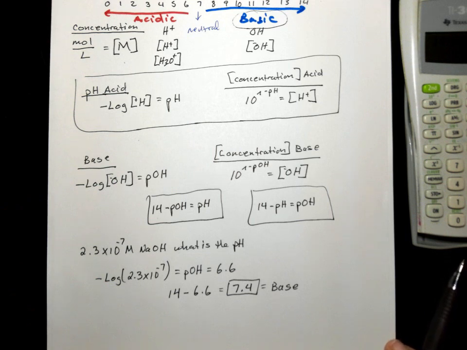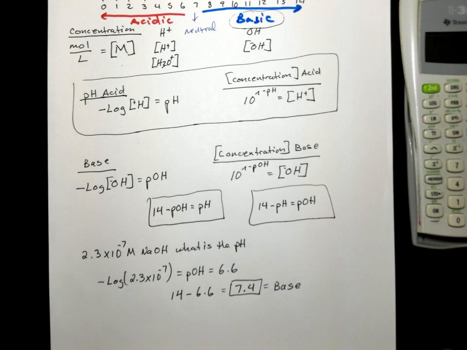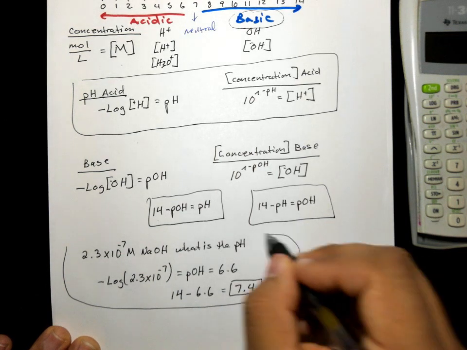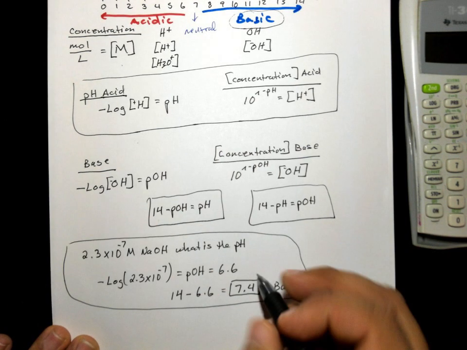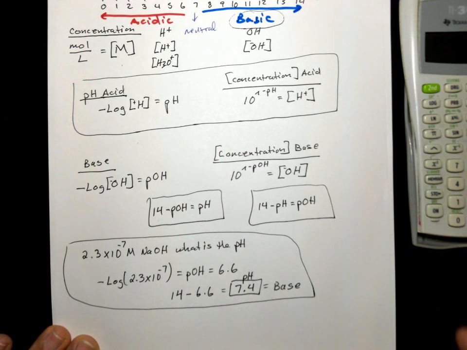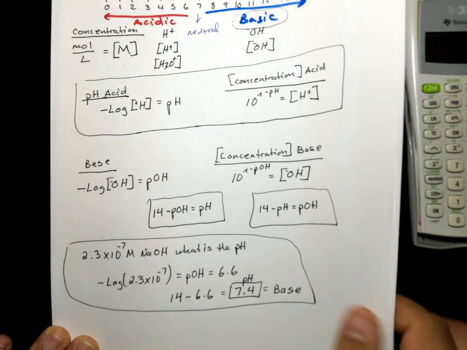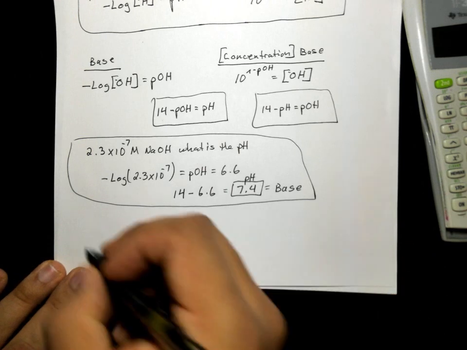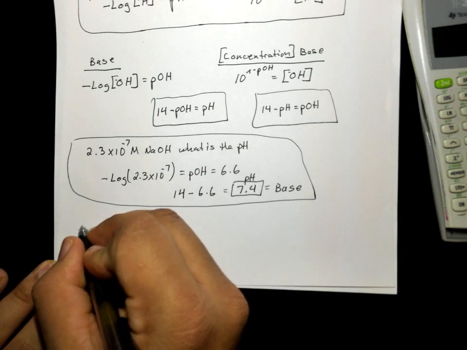Okay? So let me give you another example. Here's another example. We're going to reverse everything. This one, we started with the concentration and ended up in pH. Now this time, they're going to give me the pH. Let's do this question.